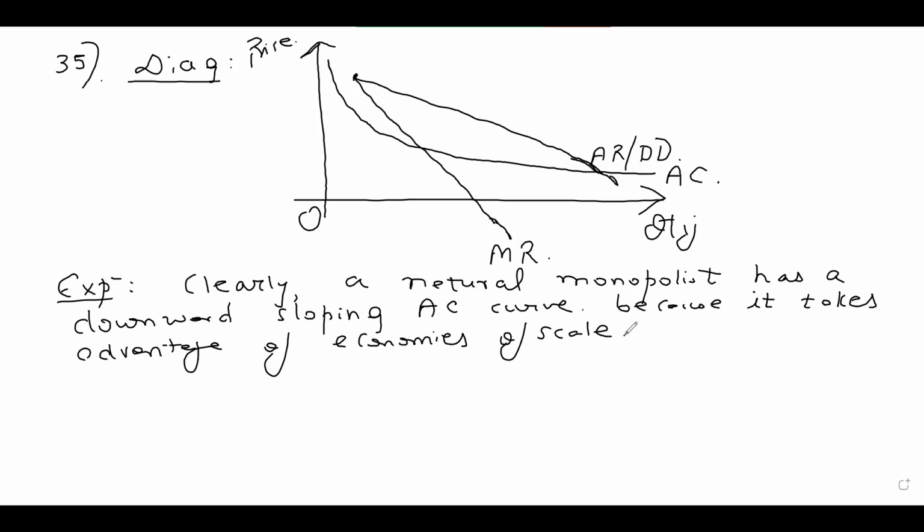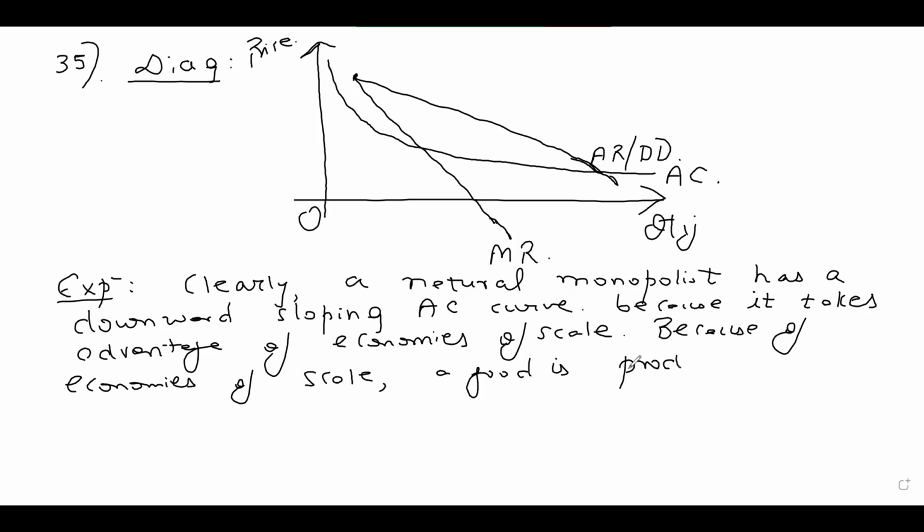So I can write that because of economies of scale, a good is produced most economically by the natural monopolist.